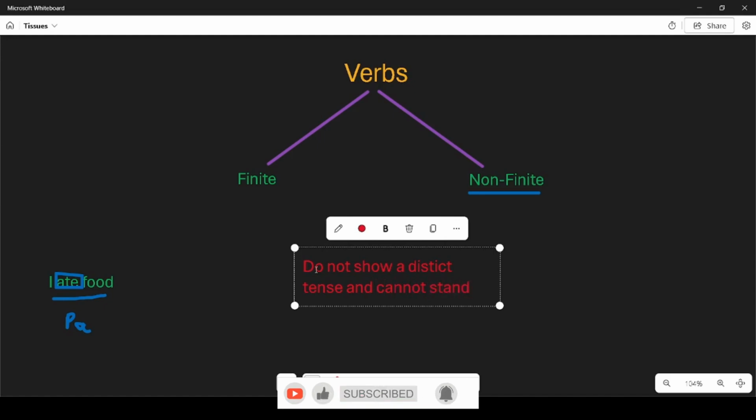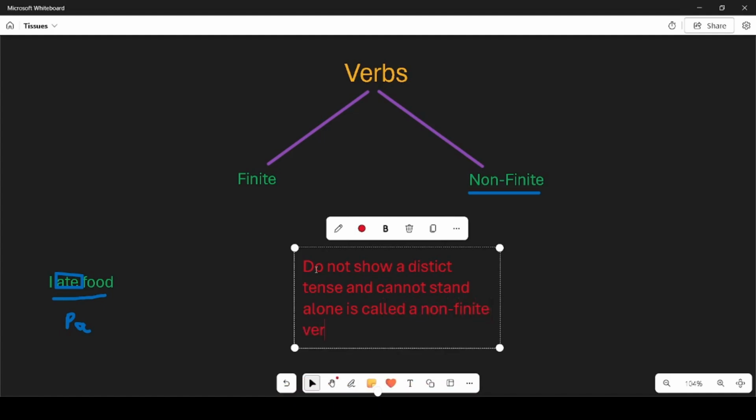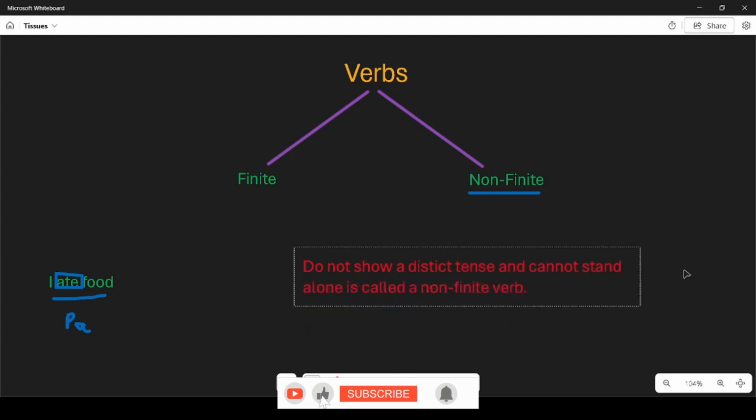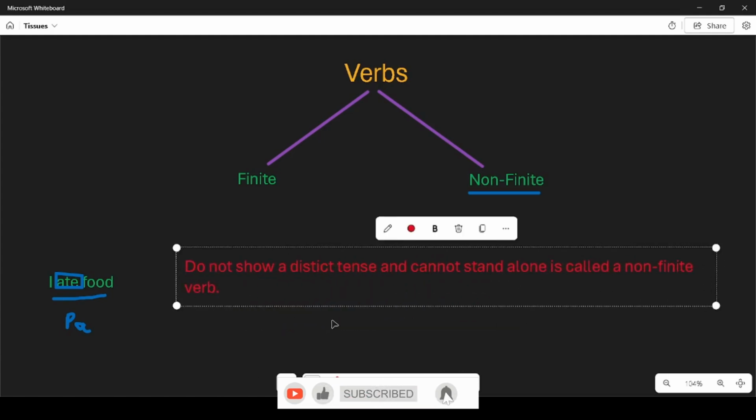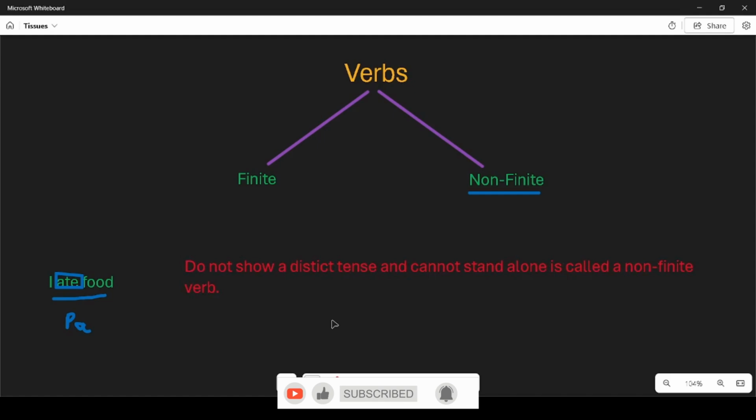What do we mean by stand alone? We'll discuss that. So the verbs that do not show a distinct tense and cannot stand alone as a verb in a sentence are called non-finite verbs. That's how we can define it.